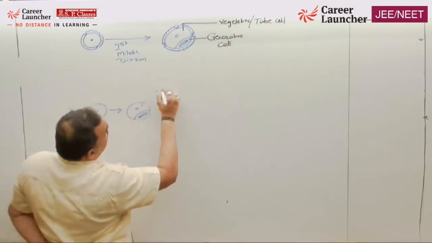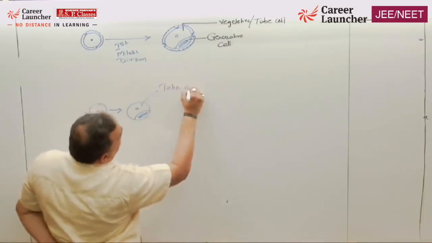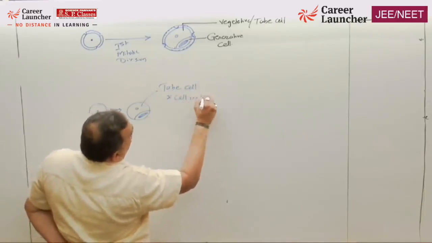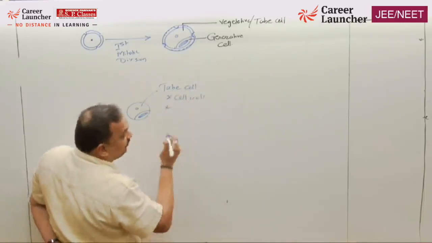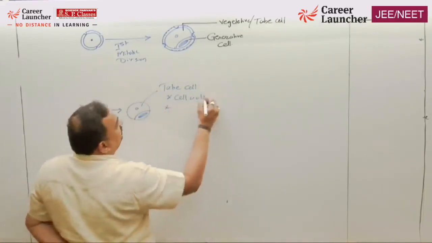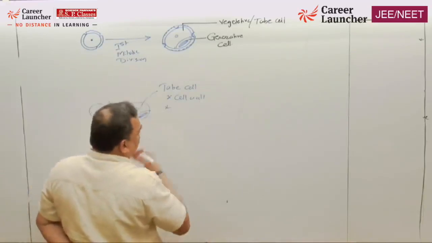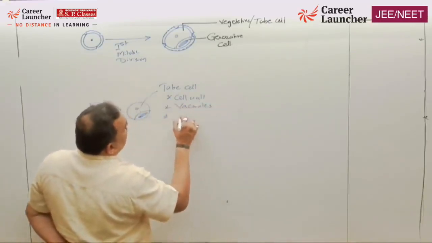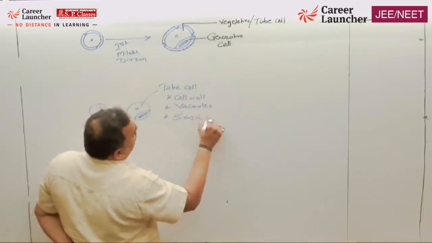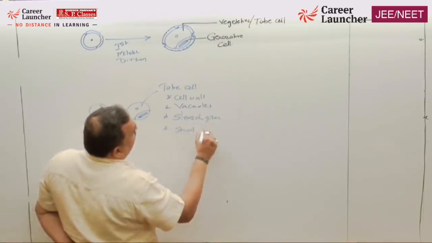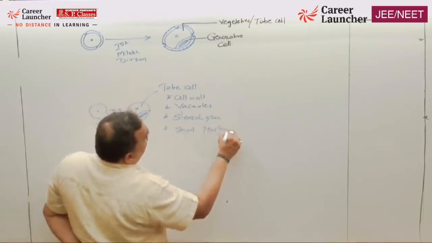Now देखो tube cell जो होता है, in tube cell, okay, there is proper cell wall, उसको cell wall है. इसके अंदर आप अगर ध्यान से देखोगे, you will see that there will be presence of vacuoles. There will be presence of starch granules and there will be presence of a small nucleus. ये तीनों चारों चीजें यहाँ पे नहीं होते हैं.